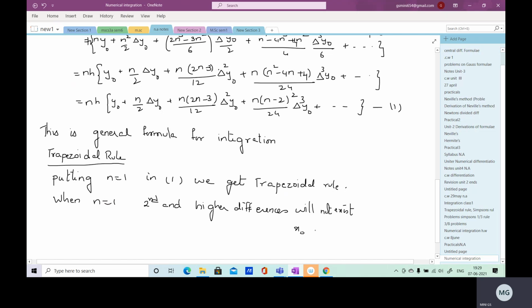See, I have 2 points only, x0, y0, x1, y1. I can find out the first difference, that's all. No, I can't find out any more differences.